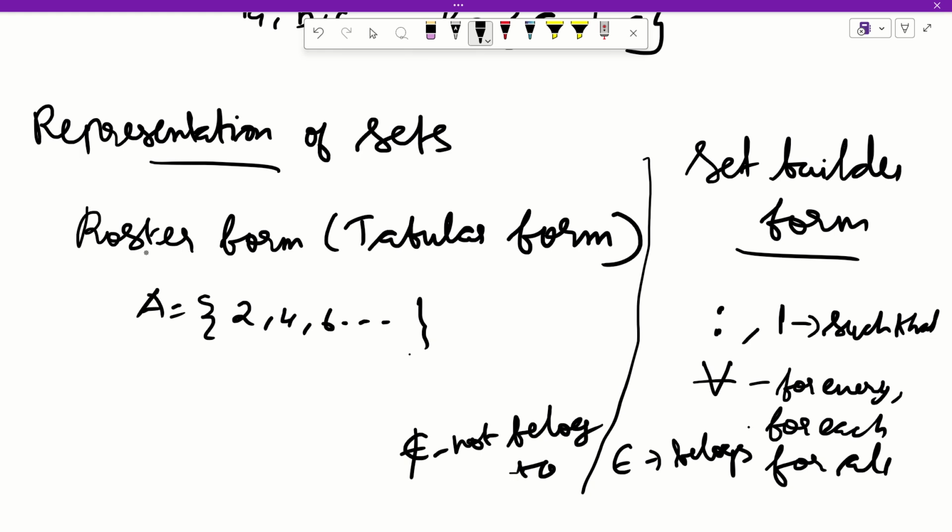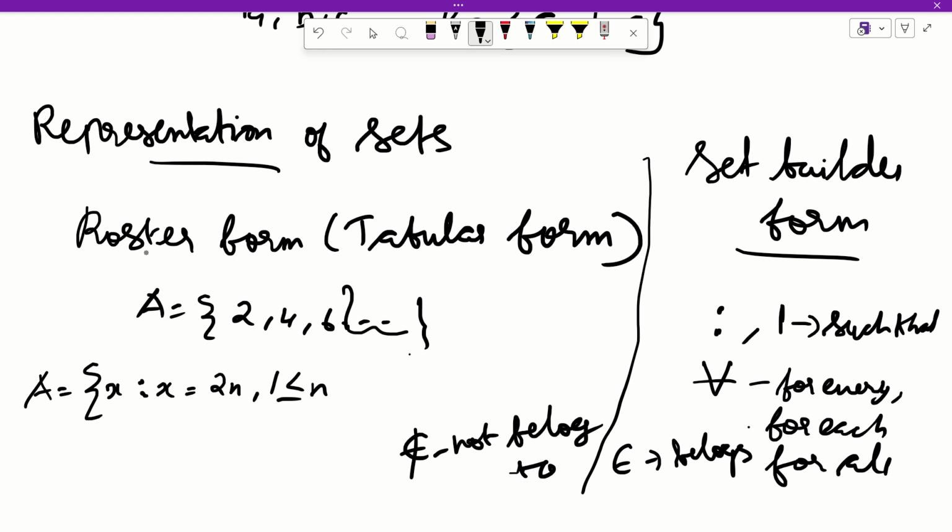For example, I want to represent this set A in set builder form. We write A = {x : x = 2n, where n is a natural number, n = 1, 2, 3, etc.}.